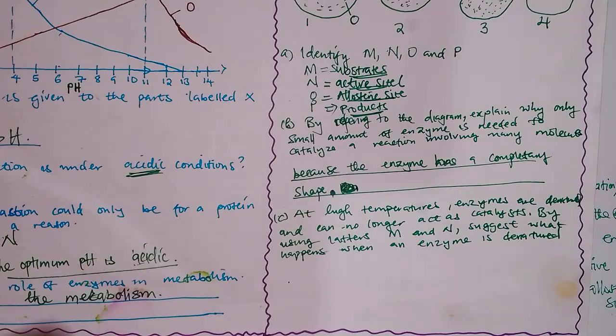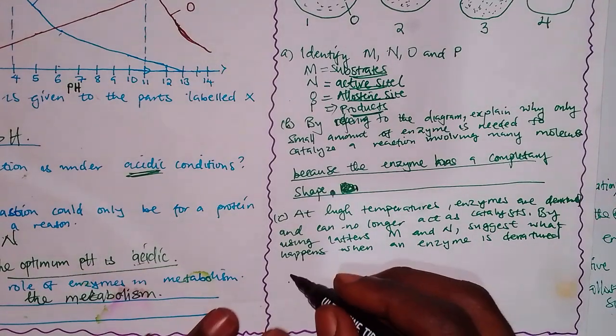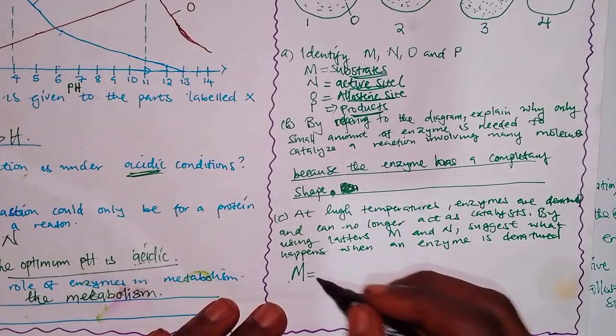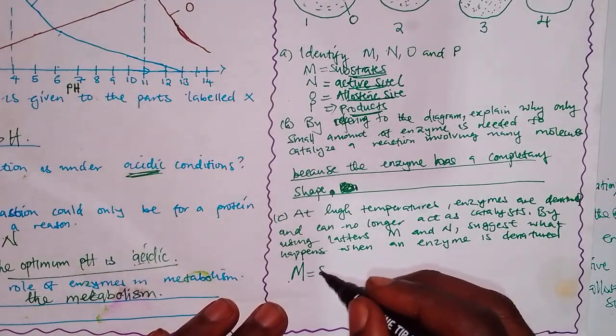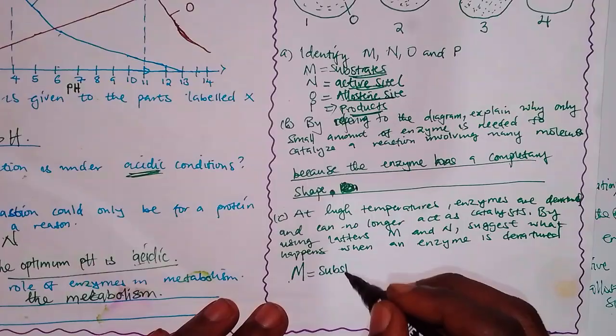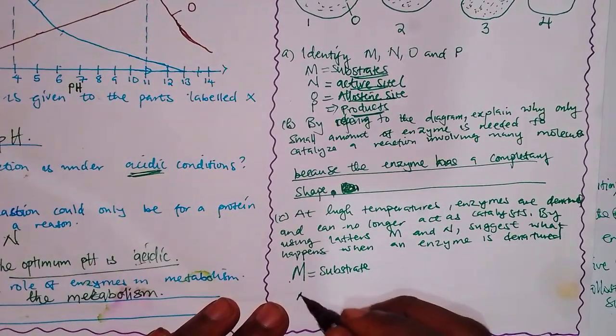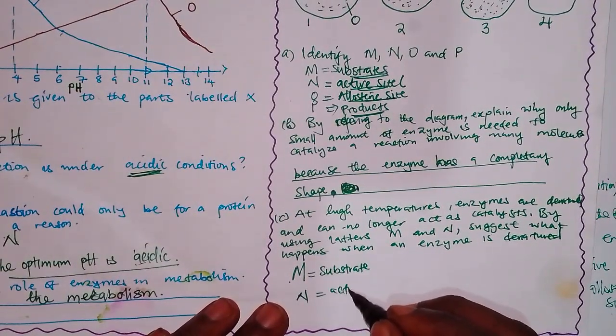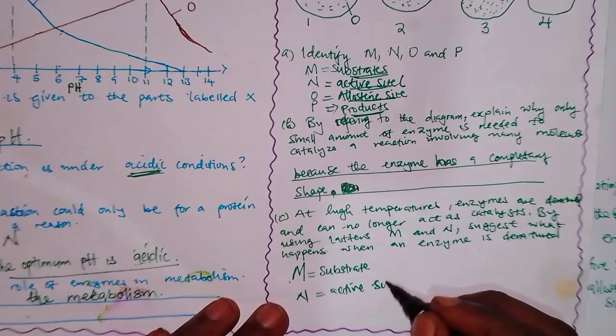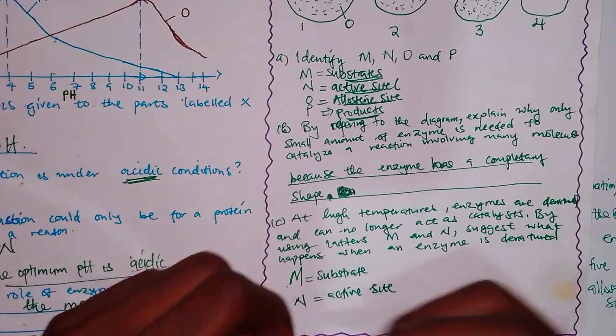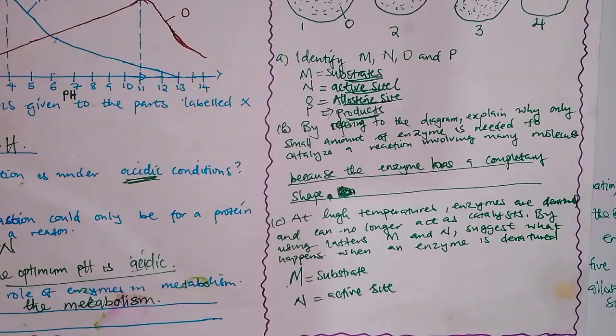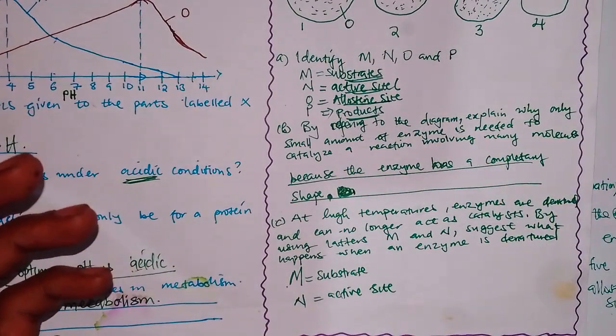And what happens? The first thing is M, which is the substrate, and N, which is the active site.